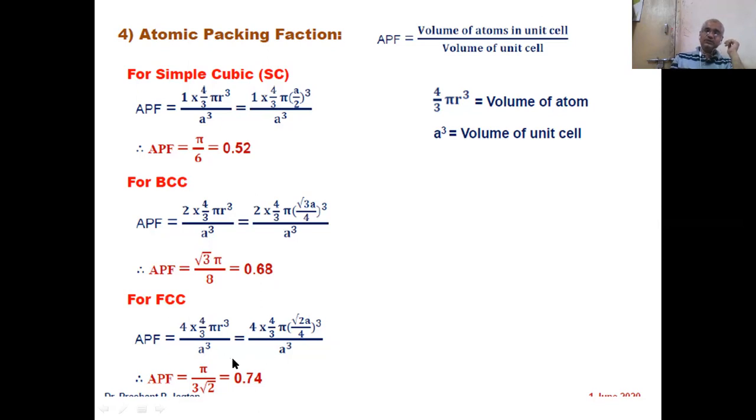So the FCC structure is more closely packed as compared to the BCC, and BCC is more closely packed as compared to the simple cubic structure. So this is all about the packing fraction for simple cubic, body centered cubic, and face centered cubic.